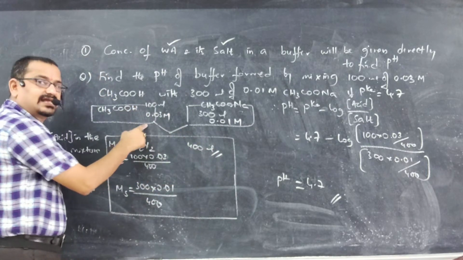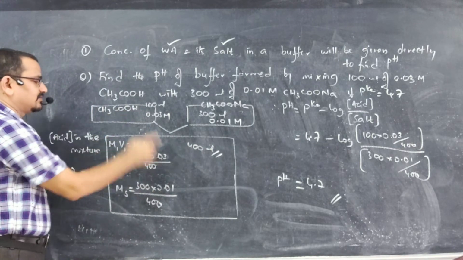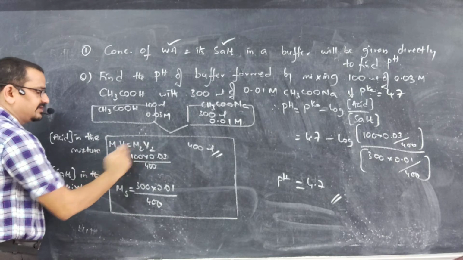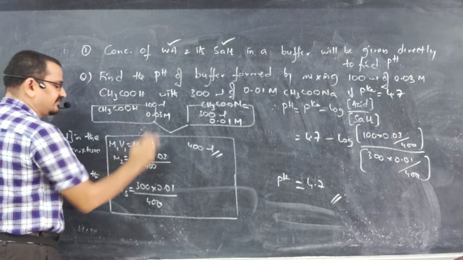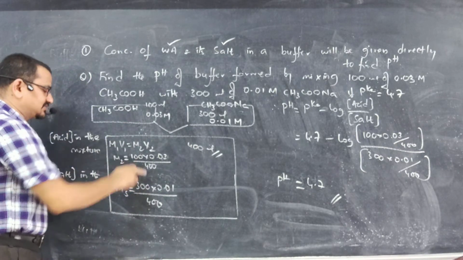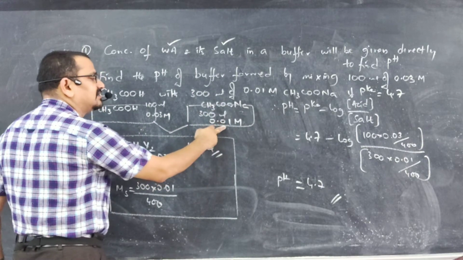In 400 ml what is the molarity? M1V1 equals M2V2, so M2 equals M1V1 by V2, with V2 being 400. We are diluting, right?